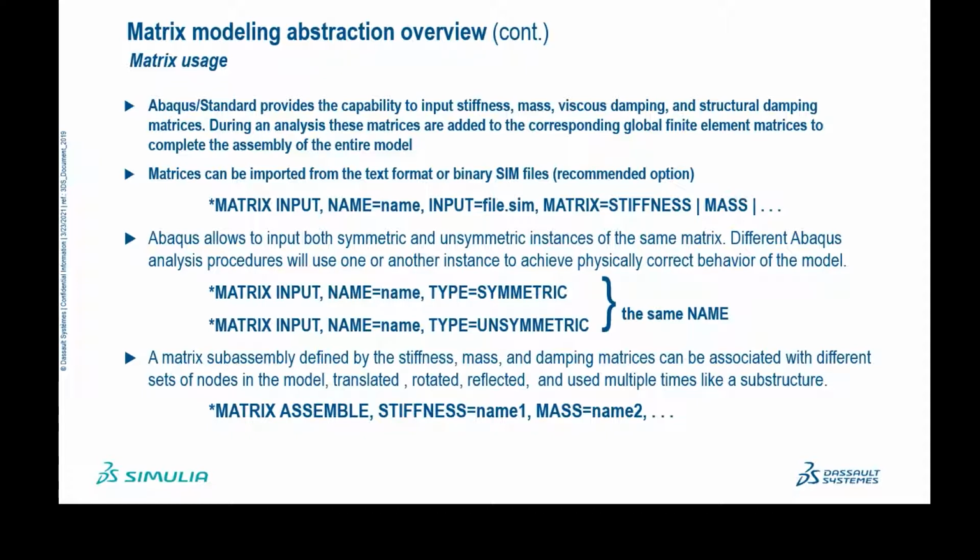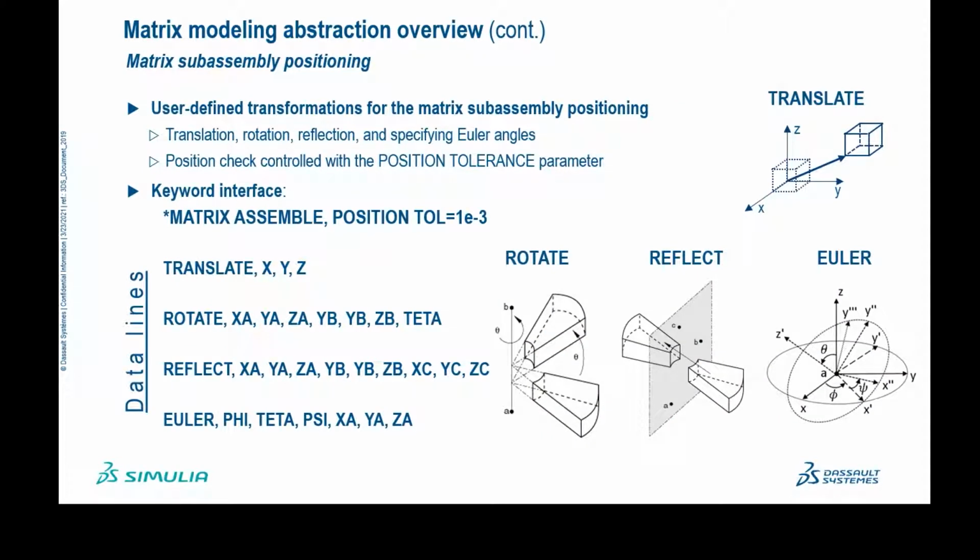And the matrix subassembly defined by the stiffness, mass, or damping matrices can be associated with different sets of nodes in the specific model, translated, rotated, reflected, and used multiple times like a substructure. For example, different types of manipulations of a specific matrix or subset of a matrix could be used, including translation, rotation, reflection, or specifying the Euler angles.